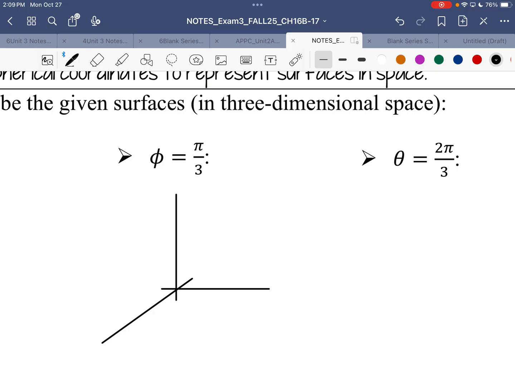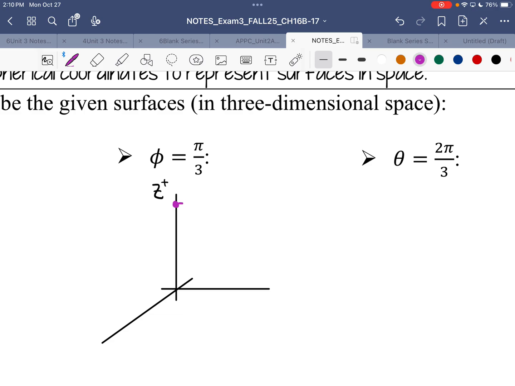Where does phi start? Zero for what? Z. So it's going to be the positive z-axis. So phi equals 0 is up at the positive z-axis.